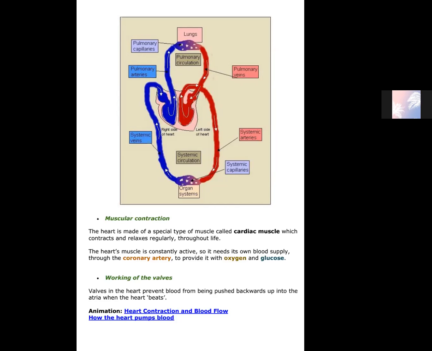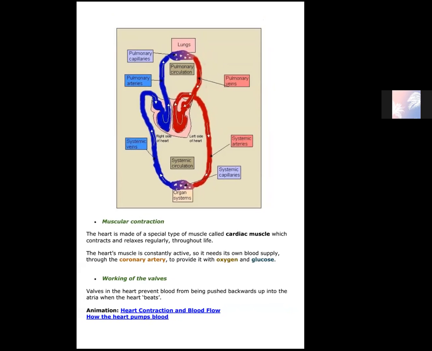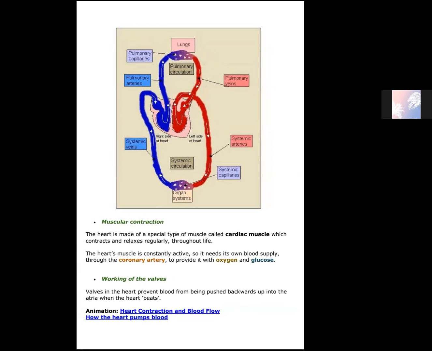That energy is supplied with the blood through the coronary artery to provide enough oxygen and glucose to produce ATP by cellular respiration, so they have a lot of mitochondria. And the backflow of blood is prevented by heart valves, so unidirectional flow is ensured by these valves.